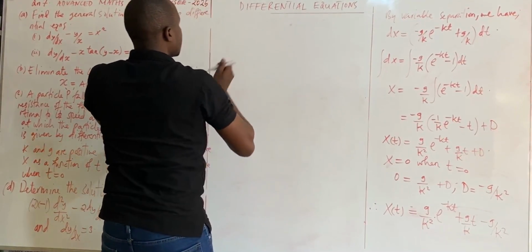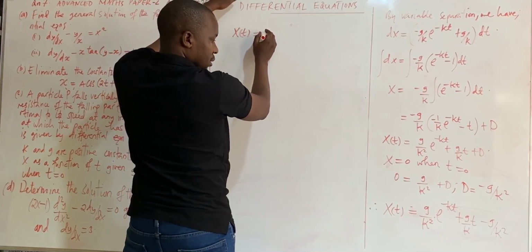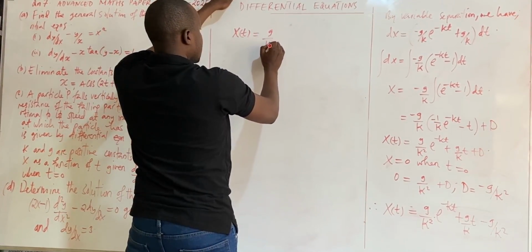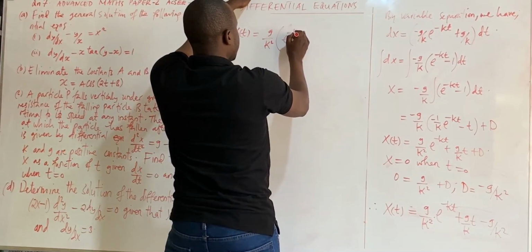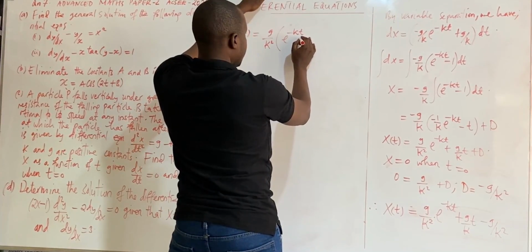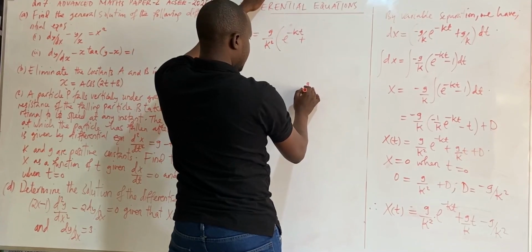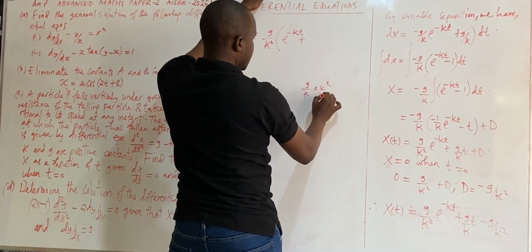So it becomes the function x of t, factor out this, so it will be e negative kt. Now if we add here, it means g over k. When we divide by that, times k squared over g, cancel out.